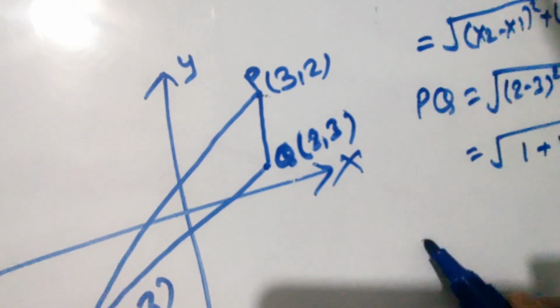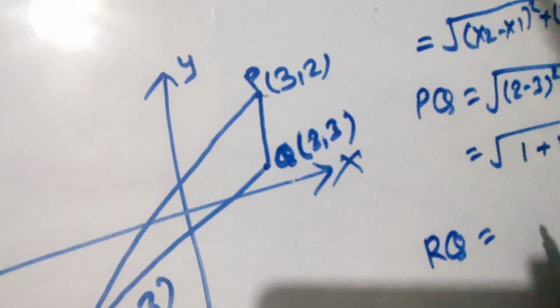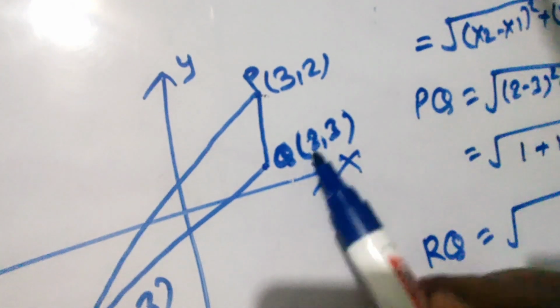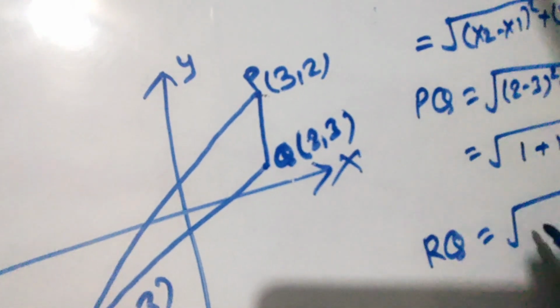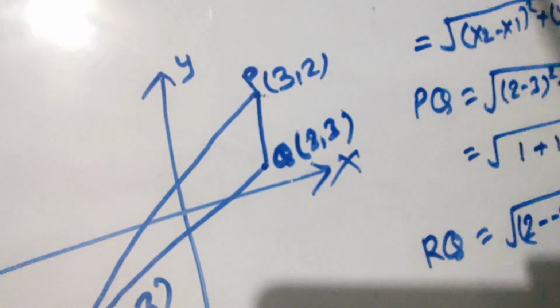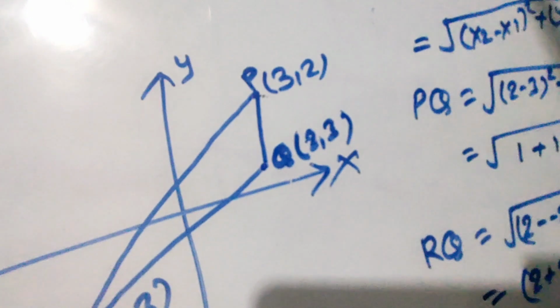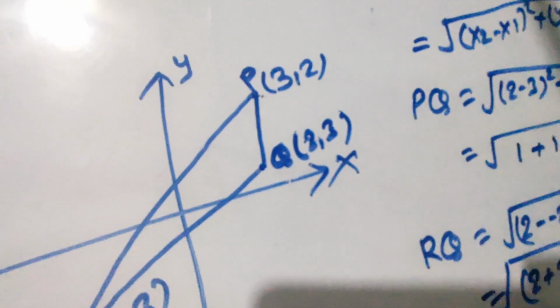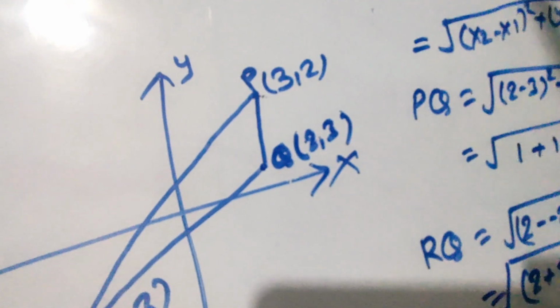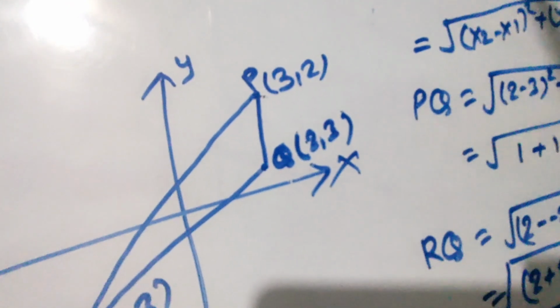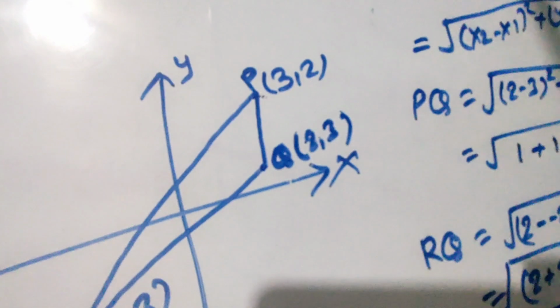Then again find out RQ. RQ is square root of (negative 2 minus 2) square plus (negative 3 minus 3) square. Then 2 squared is 4, 3 squared is 9, then square root of 13.